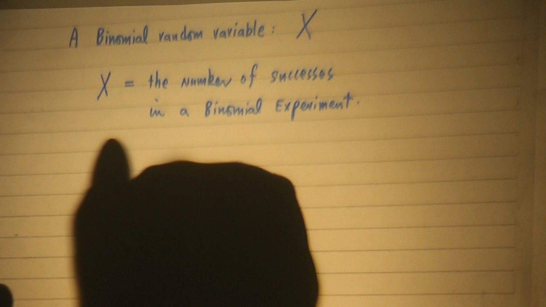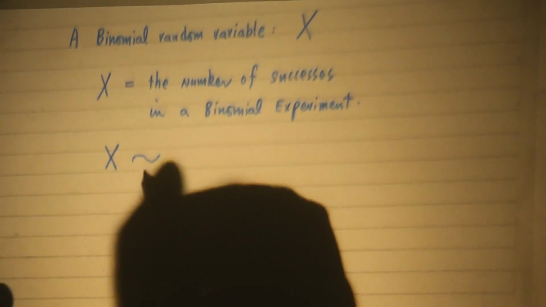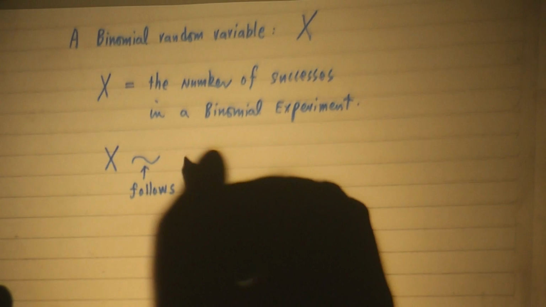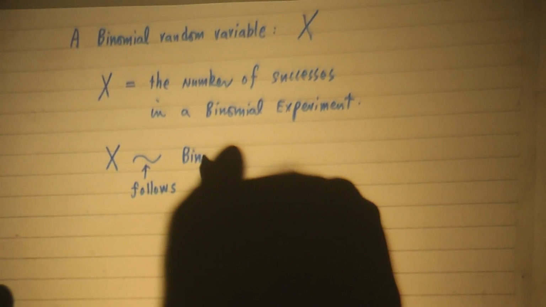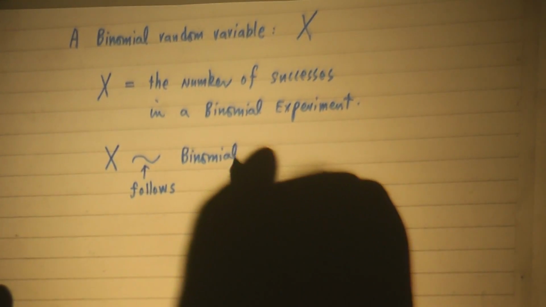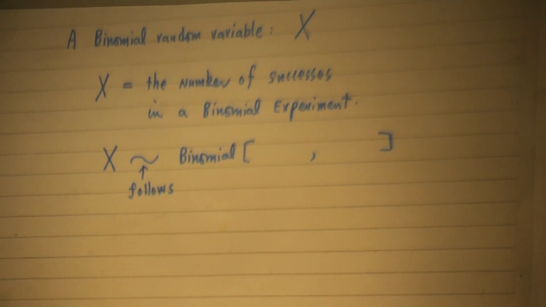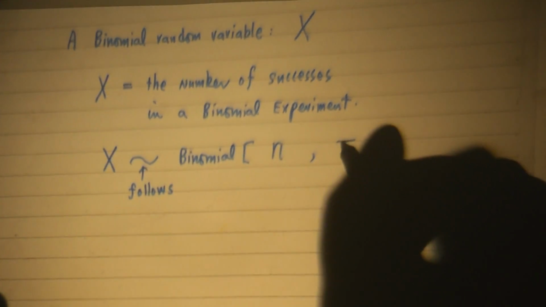If this is our definition, then X will follow, and this notation we read as follows: X follows a binomial distribution. A binomial distribution consists of two parameters. First one, n. Second one, pi.